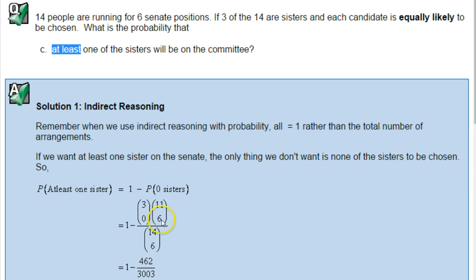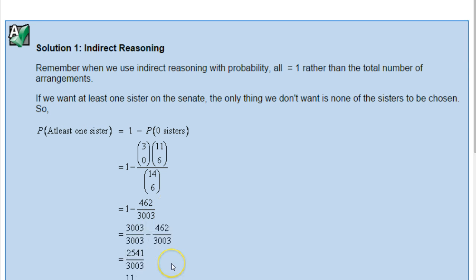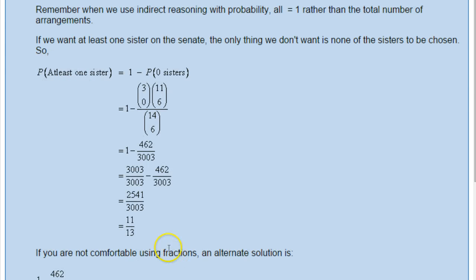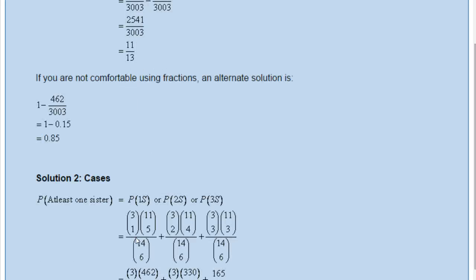So 11 choose 6. And then we divide it by the total number of possibilities. So in this case, we have 1 subtract 462 divided by 3003, and when we do the math, ta-da, we get 11 in 13. That is an incredibly high probability that at least one sister will be selected for this group of 6. By the way, that's 85%.